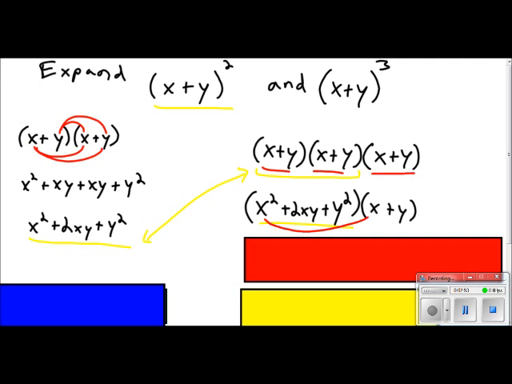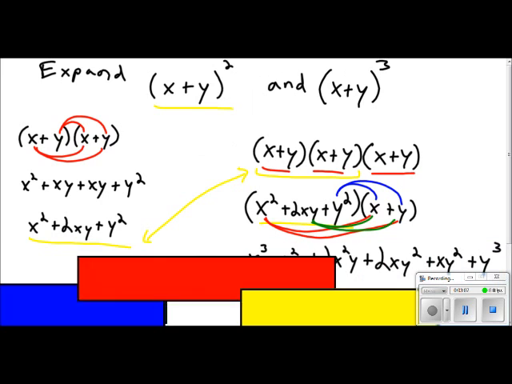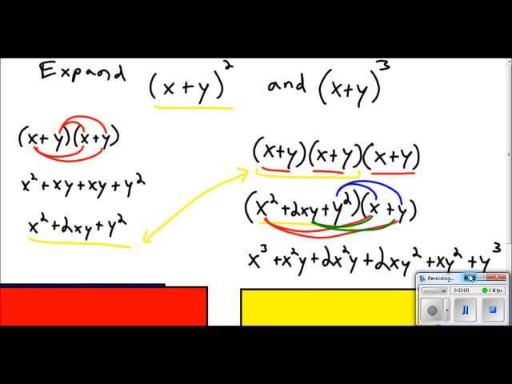So x squared to x, x squared to y, 2xy to x, 2xy to y, and then y squared to x and y squared to y. So there are going to be 6 different things coming here. It would look something like this. We would have x cubed plus x squared y plus 2x squared y plus 2xy squared, plus xy squared plus y cubed.